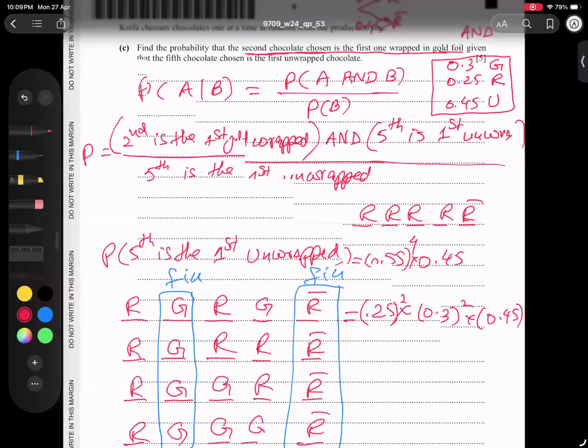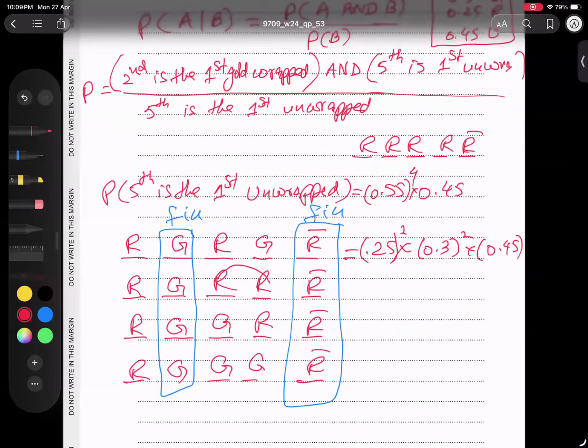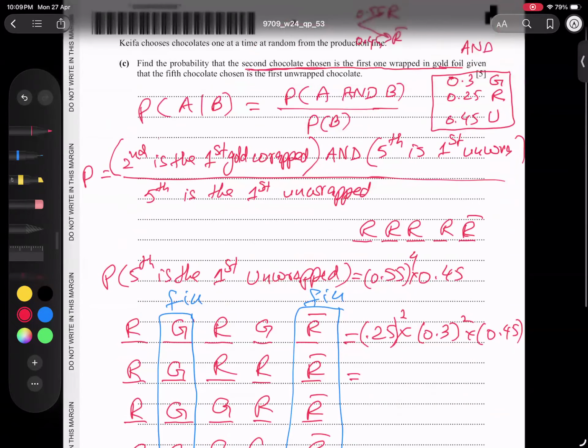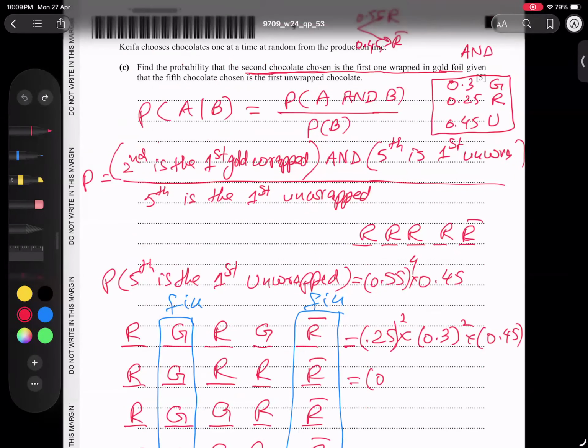Now I'm going for this one. This time we have 3 reds. So what is red? Again, I have to go back. So 0.25, 0.25, 0.25, and power 3 because there are 3, and one gold, that is 0.3 to the power 1 only. And then at the end, unwrapped, this is done.